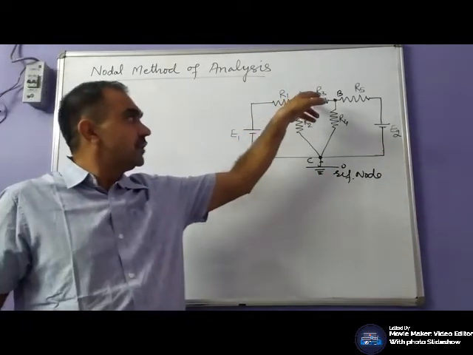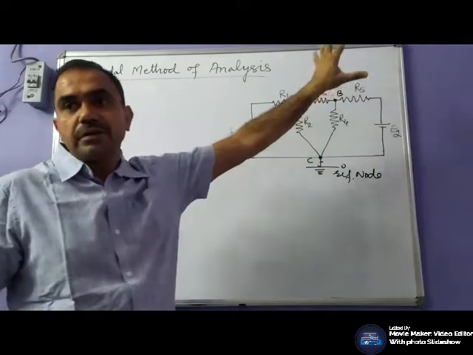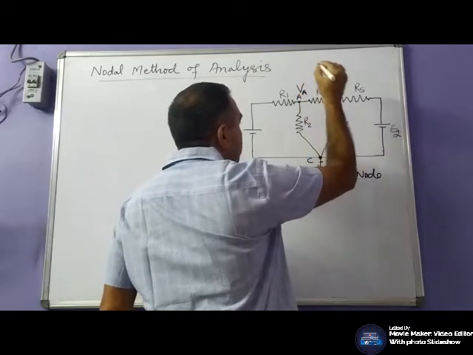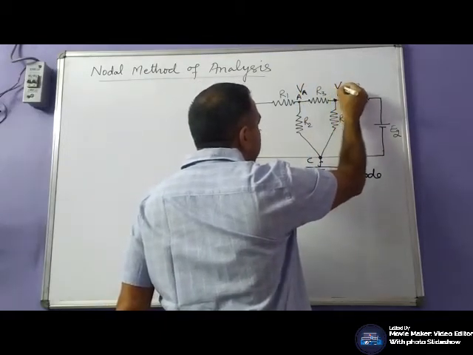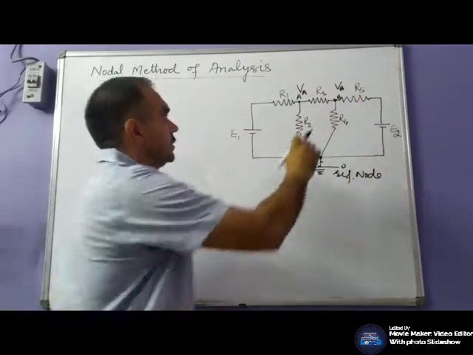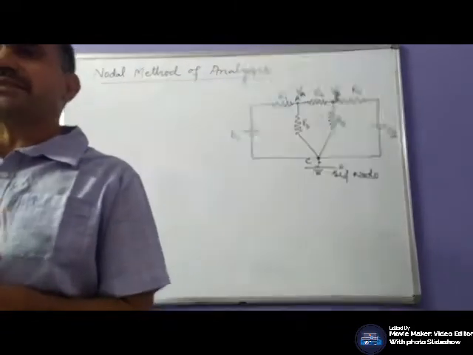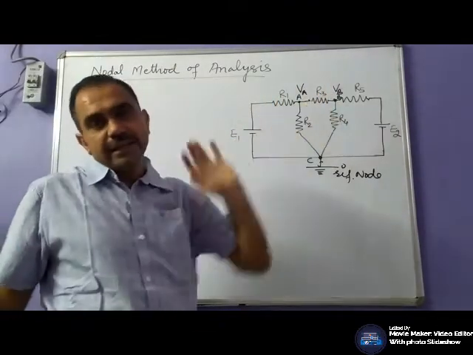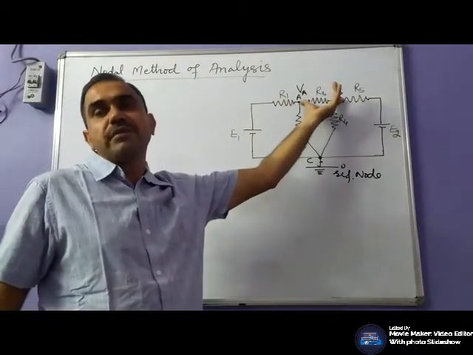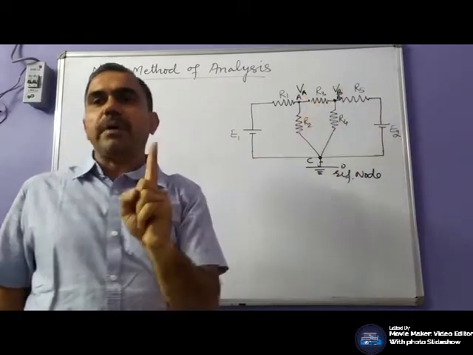Now we have two nodes, which means in place of three equations we would have two voltages. At this node the voltage would be VA, and at this node the voltage would be VB. So in place of loop currents, we consider the node voltages, and hence the number of variables in the equations is reduced by 1.